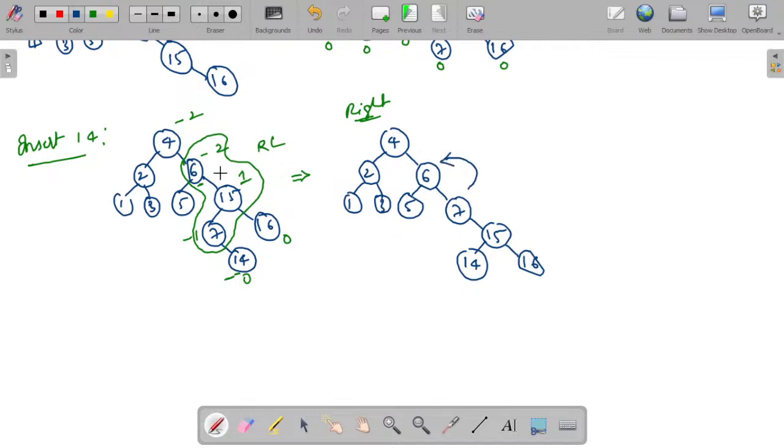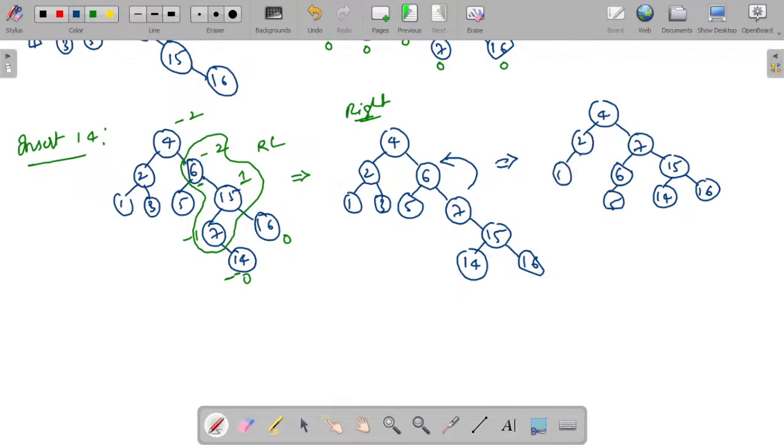So we should always keep in mind which 3 nodes we are performing the rotation on. So now the tree would change into something like this. 4, 7 becomes our new parent node, 6 is pushed down, 6 is having a left child which is 5, 15 is the right child of 7, and 14 and 16 are the child nodes of 15, and 4 is having a left subtree which is 2, 1 and 3.